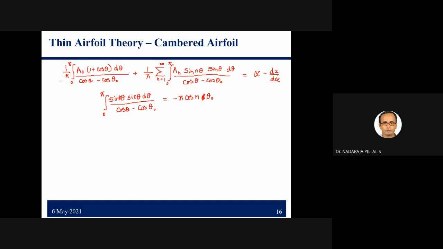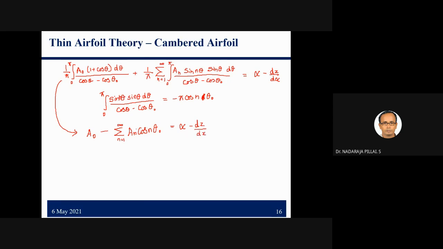now this equation can be written as, so please substitute and come back. You can write a naught minus the summation of n is equal to 1 to infinity a n cos n theta naught, that is equal to alpha minus dz by dx.